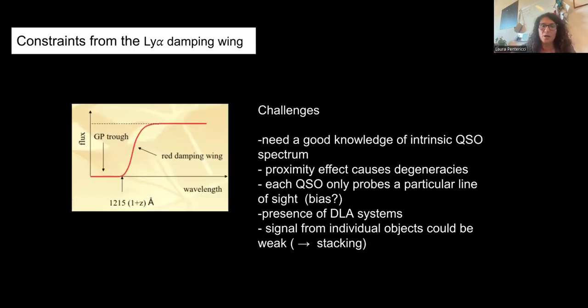So these are the challenges again: you need to know the intrinsic quasar spectrum very well, and the quasar only probes a particular line of sight. There could be, for example, DLA systems, so there could be some neutral gas inside the galaxy or the quasar itself that can also give a contribution to the red damping wing.